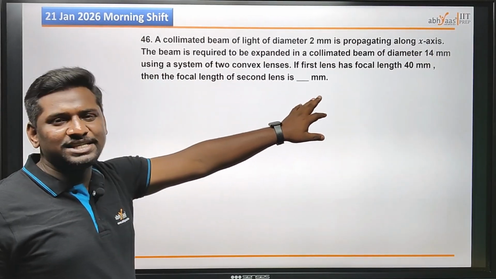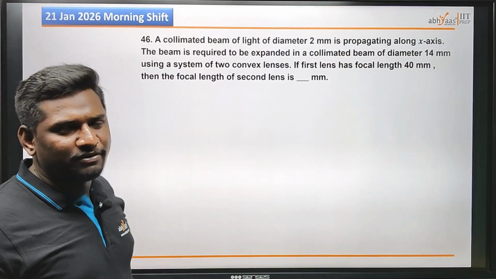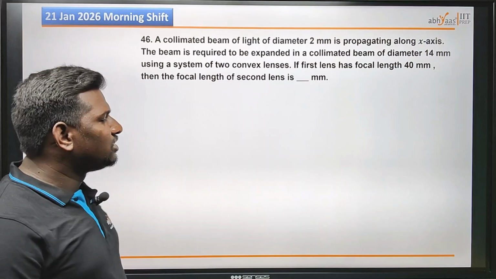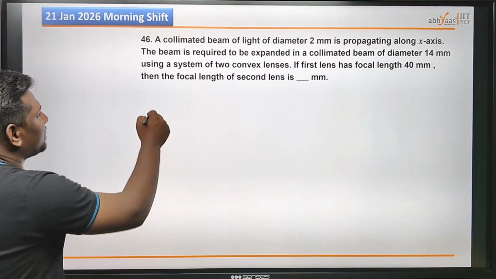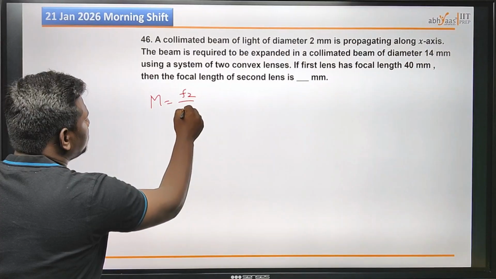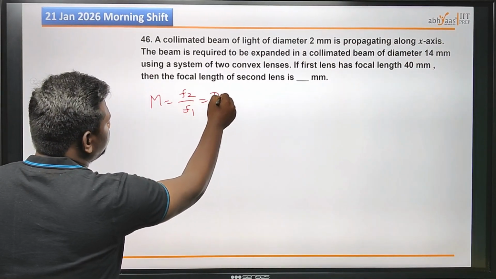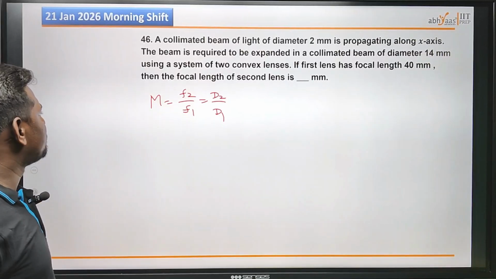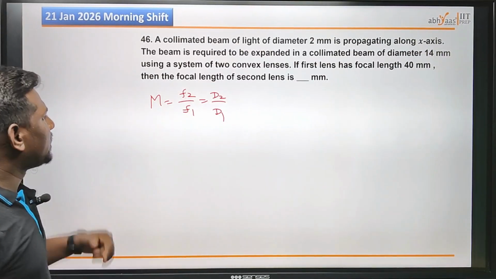If the first lens has a 40 millimeter focal length, then find the focal length of the second lens. So a very simple formula is there. Magnification can be written as f2 by f1, d2 by d1. What is f2? Focal length. What is d? Diameter. So you have to find f2.